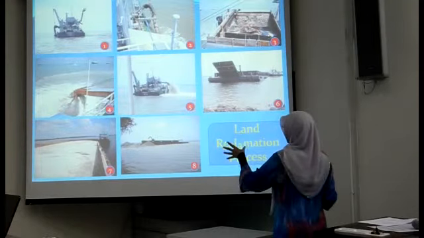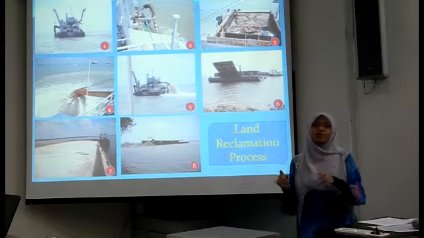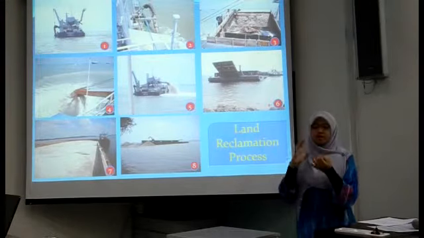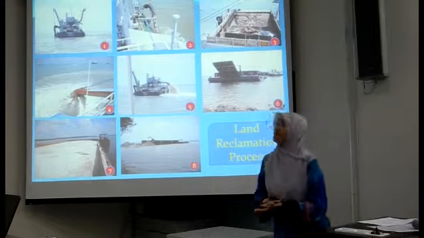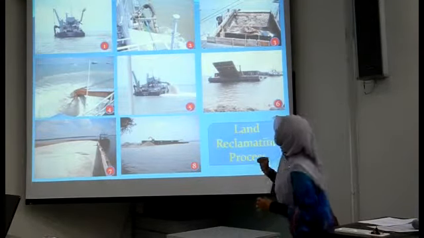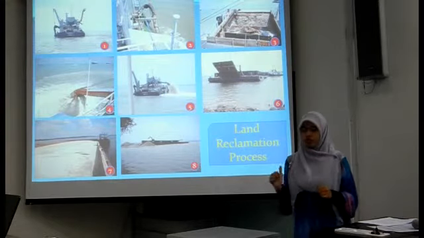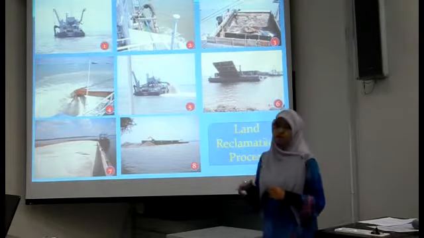The left-hand side shows you the suction pipe where they suck all the sand and all the water from the seabed. And then the right-hand side shows you the boom where they will discharge all the water and sand into the barge.